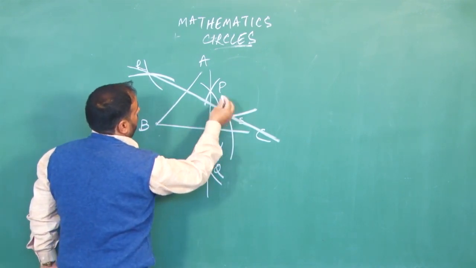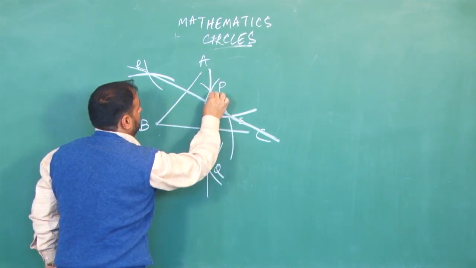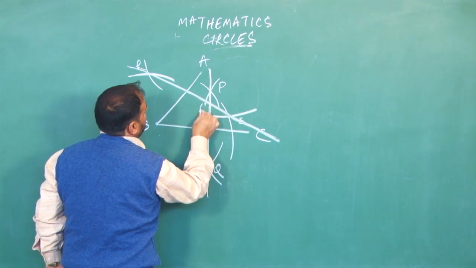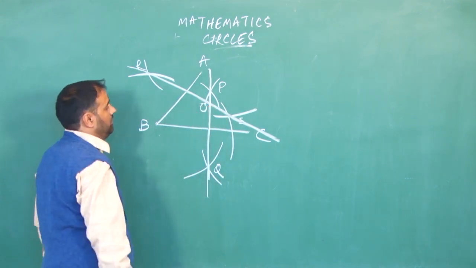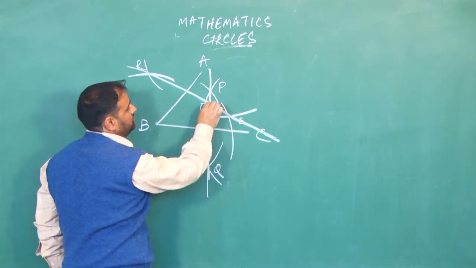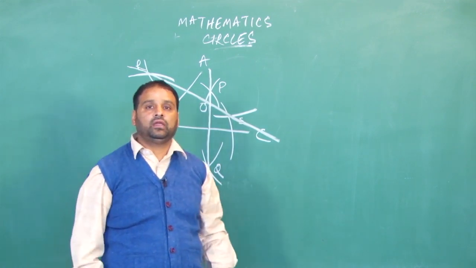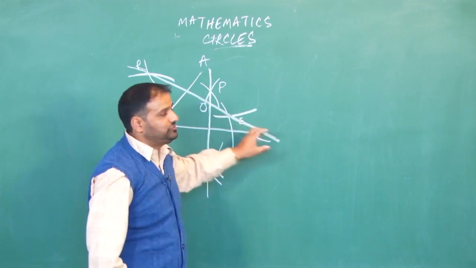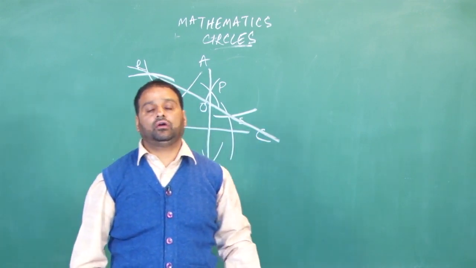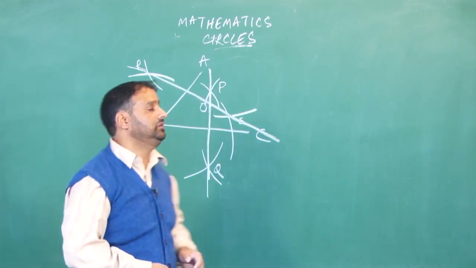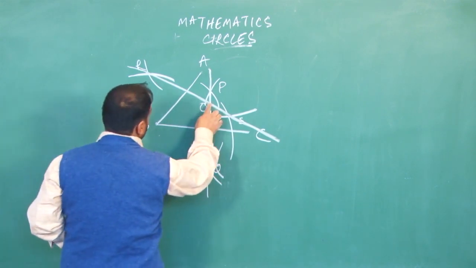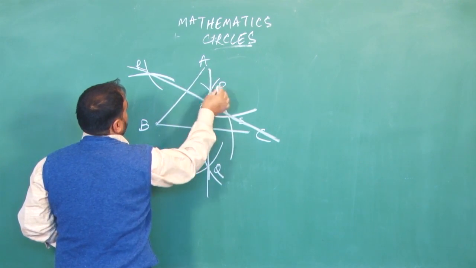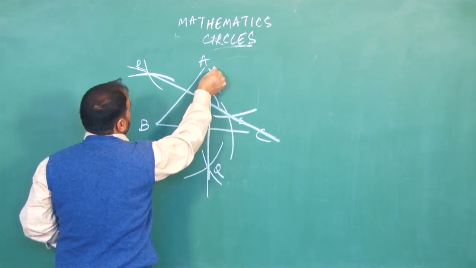So where both these perpendicular bisectors meet, take this as a point O, and now take O as center of the circle and OA, OB or OC, any one of them, as the radius of the circle, and draw the circle.